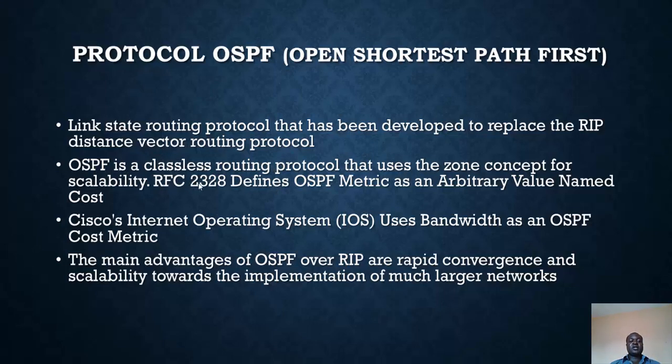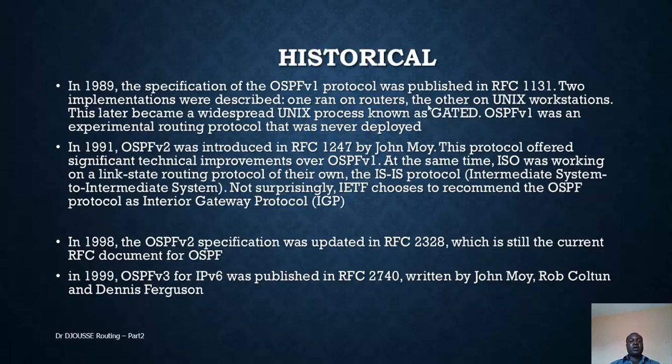RFC 2328 defines the Open Shortest Path First metric as an arbitrary value named cost. Cisco Internet Operating System uses bandwidth as the Open Shortest Path First cost metric. The main advantages of Open Shortest Path First over Routing Information Protocol are rapid convergence and scalability throughout the implementation of much larger networks.